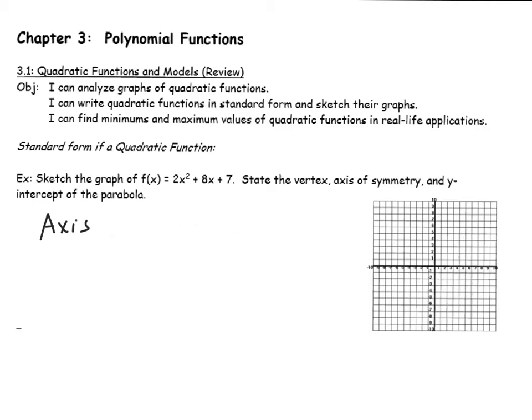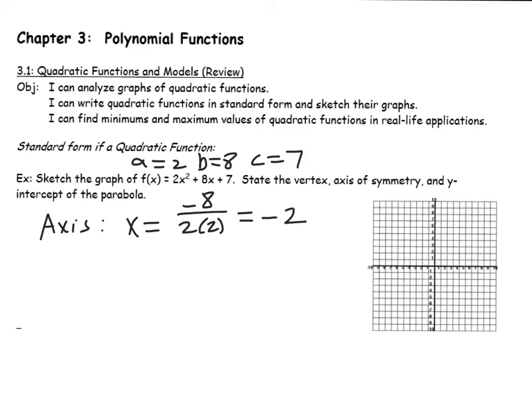I think you would know what I mean, right? Let's go with that. Remember, it's negative b over 2a. And just by the way, for this quadratic, a is 2, b is 8, c is 7. So I got negative 8 over 2 times 2, which will be negative 2, okay?